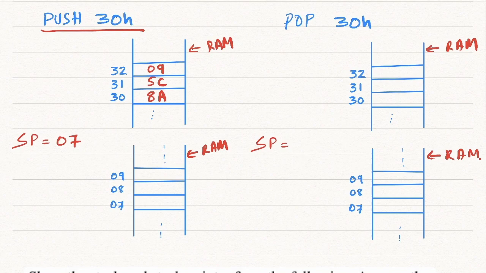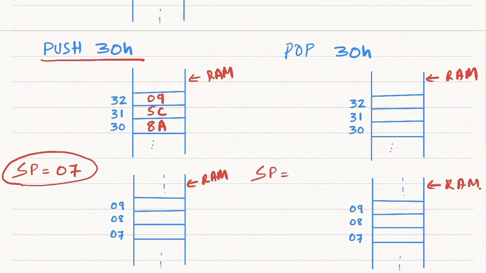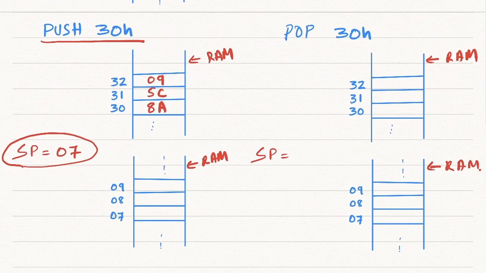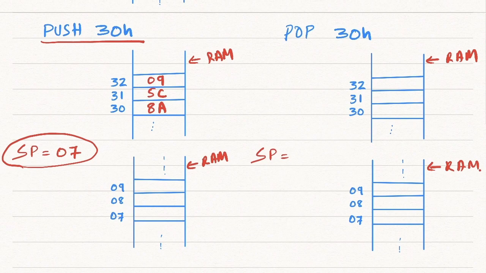The moment I say PUSH 30H, as we already know, the stack pointer has the value 07. As in the previous explanation, before the push operation the content of the stack pointer is incremented once.